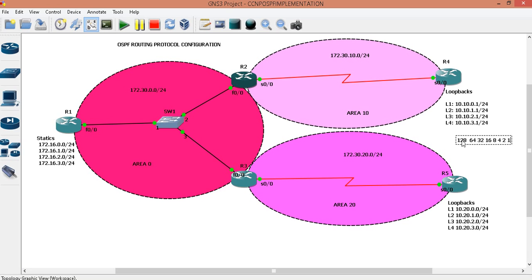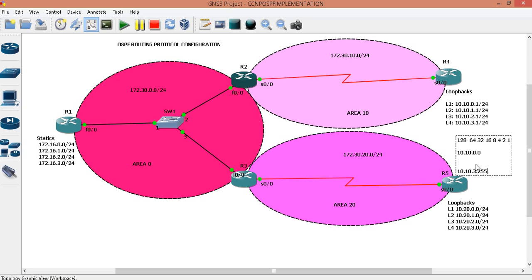Okay, these are the increments. 1, 2, 3, 4, 5. Good. So I see that the summarized network will be 10.10.0.0. The last one you see is 10.10.3.255. This is the broadcast, so it's out of it.